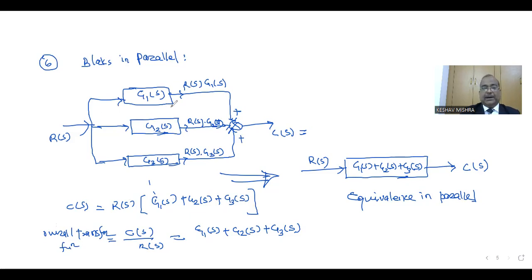If blocks are connected in parallel, then instead of using three blocks, we can represent this arrangement by an equivalent block having a transfer function equal to the sum of the individual transfer functions. Input is Rs and final output is Cs, so the overall transfer function Cs upon Rs is the sum of the individual transfer functions G1s, G2s, and so on. This can be extended to other stages also. So this is blocks in parallel.